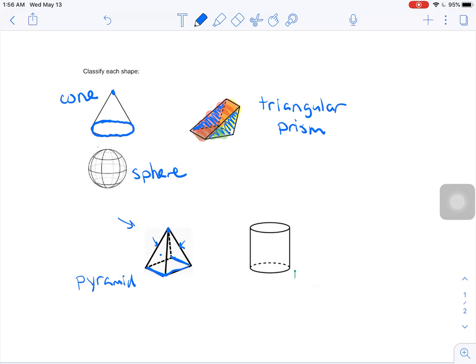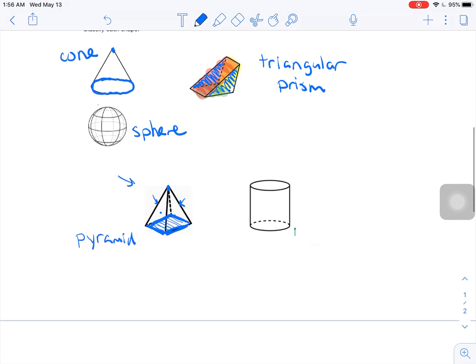You can see the bottoms of all 4 triangles, where they meet, they make this polygon down here. Whatever shape that is tells us how to name our pyramid. It sort of looks square, but we don't know for sure if it actually is. So we're going to say a rectangle just to be safe. So we could say that this is a rectangular pyramid.